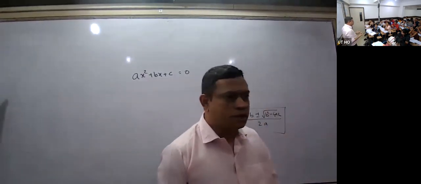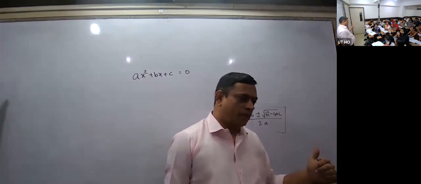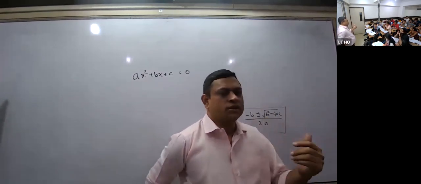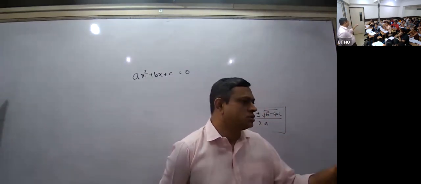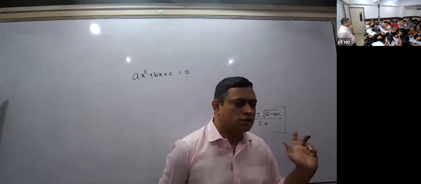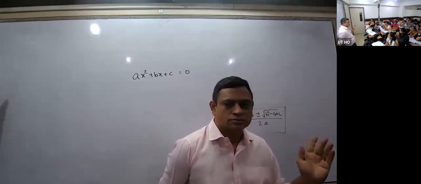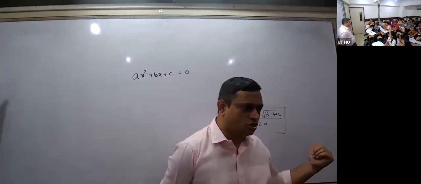Square root, in 8th standard you studied squares and square roots. Listen here. You studied the nature of roots. b square minus 4ac cannot be less than 0. Why?